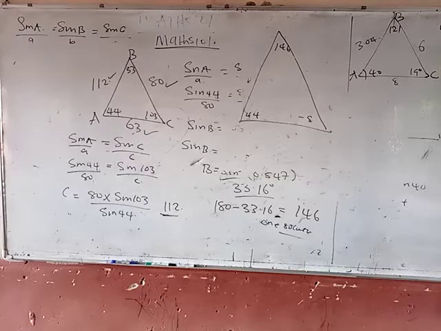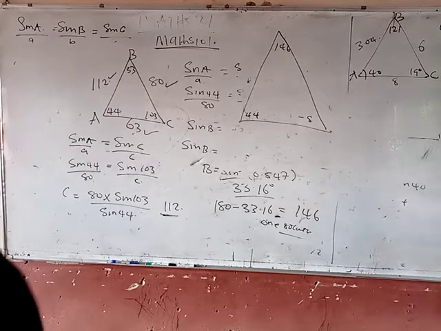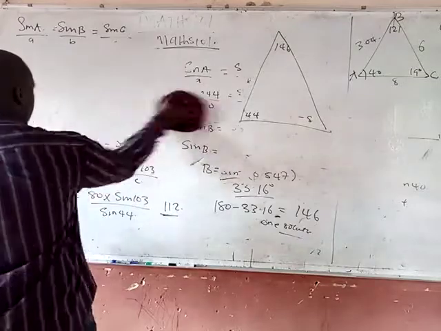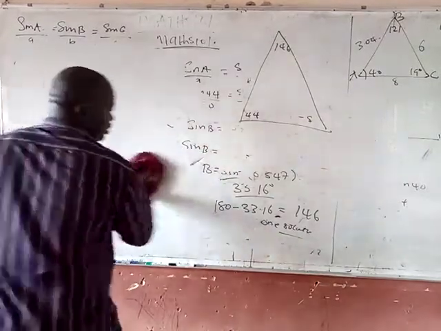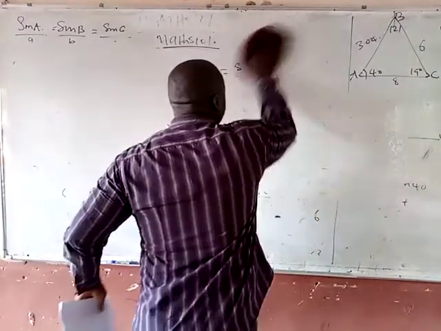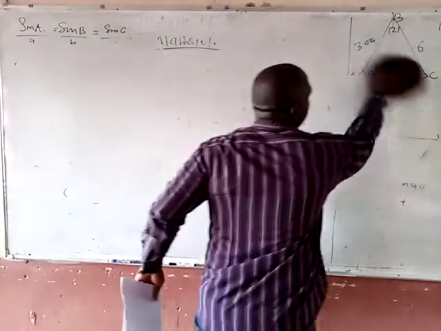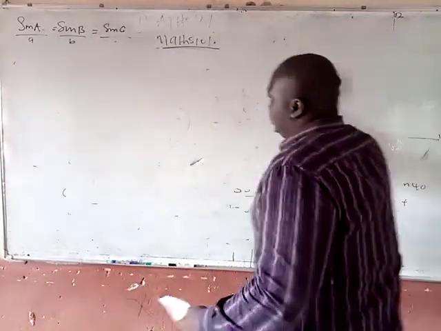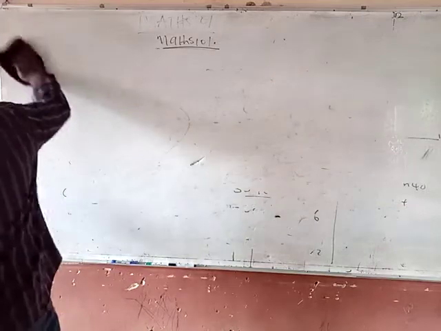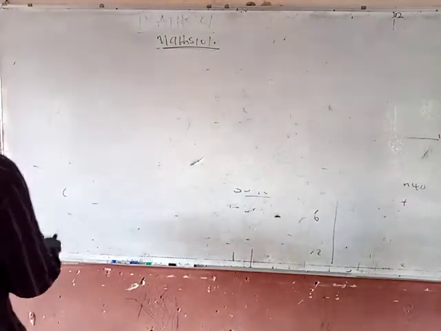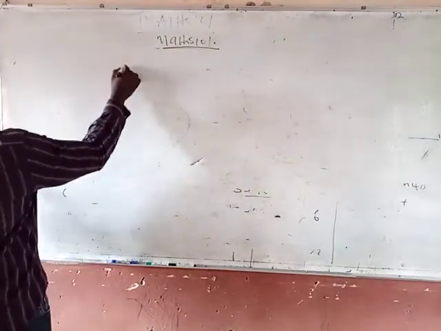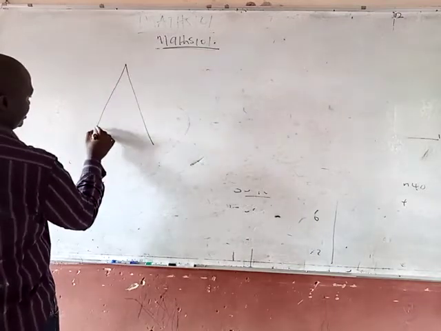Area of an oblique triangle. Now, let's say you have an angle with an adjacent side. Look at it.